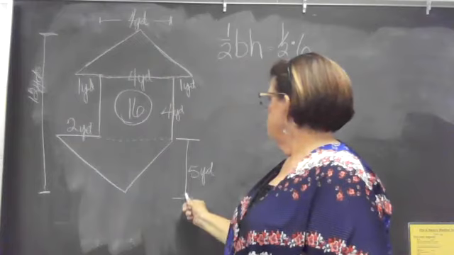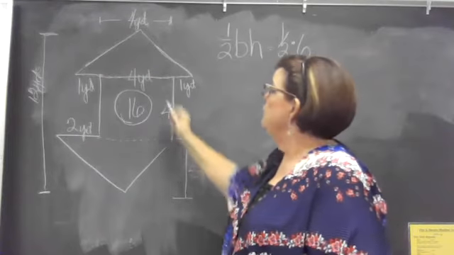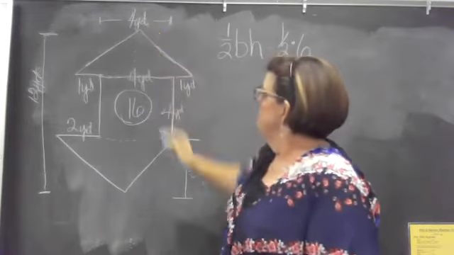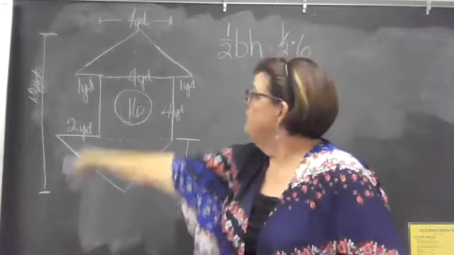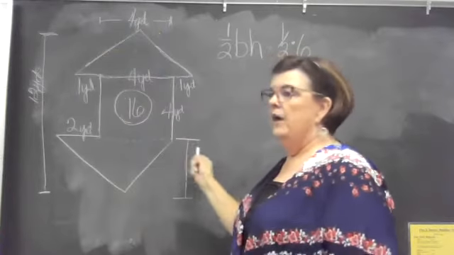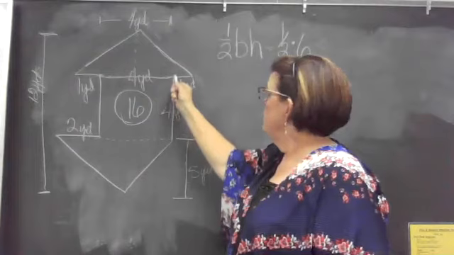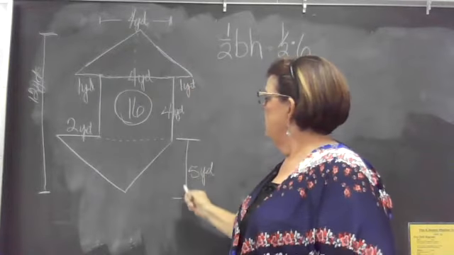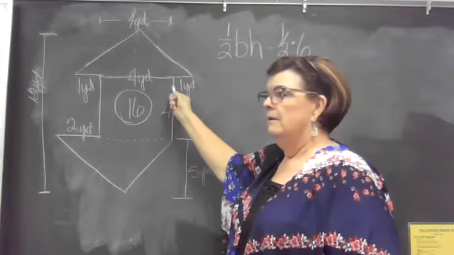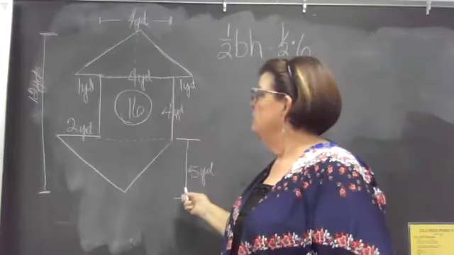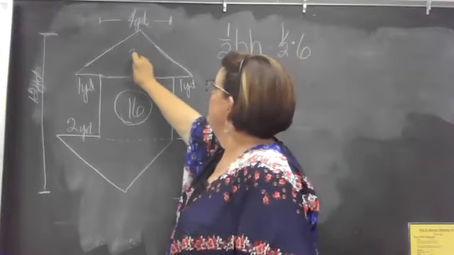But we don't want this much. We only want this right here, right? So out of the 12, we don't want this 5. We don't want this 4. That's 9, right? So this has to be 3.